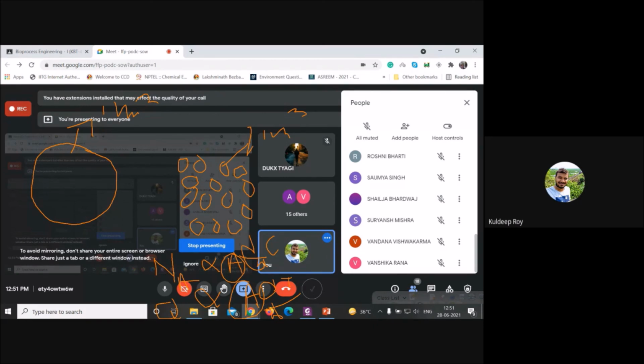Have you got my point? Yes, sir. Okay, don't forget, because whenever you are talking about heat transfer and mass transfer, keep in mind that you are looking for area. If the area is higher, the heat transfer will be higher. If the area is higher, your mass transfer will be higher.